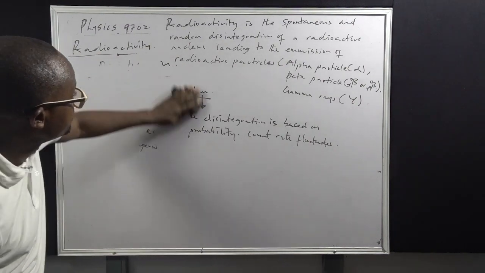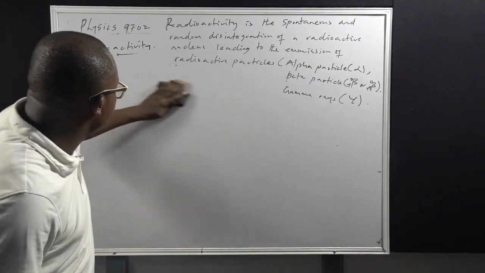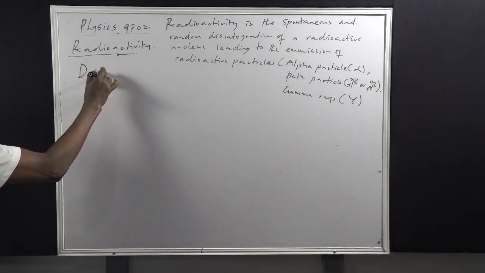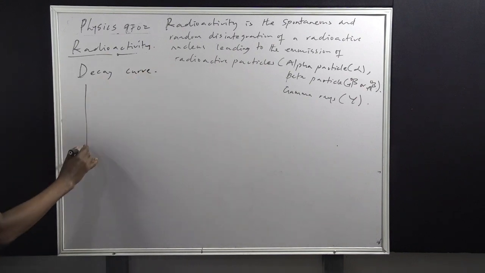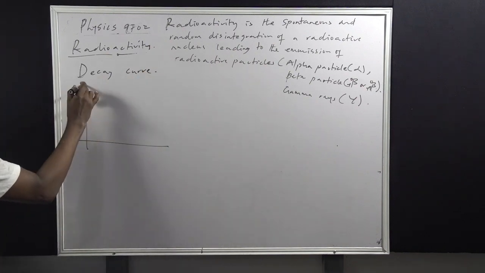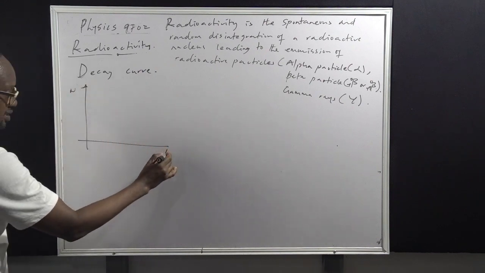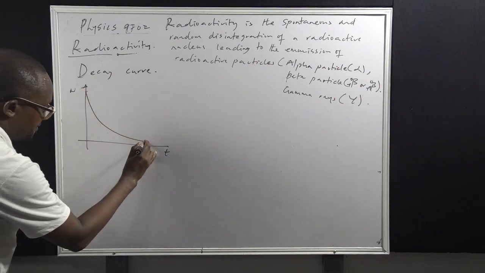So, if I draw a decay curve, if you sketch a decay curve, the decay curve will show that the number of nuclei is reducing exponentially with time.